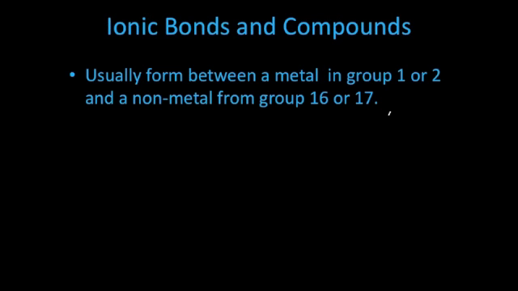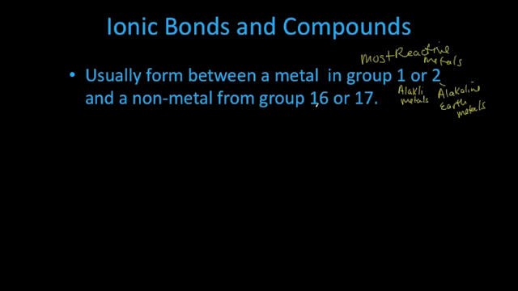They usually form between a metal in group 1 or 2 and a nonmetal from group 16 or 17. The reason I say usually is because groups 1 and 2 are the most reactive metals. Group 1, remember, is called the alkali metals, and group 2 is called the alkaline earth metals.